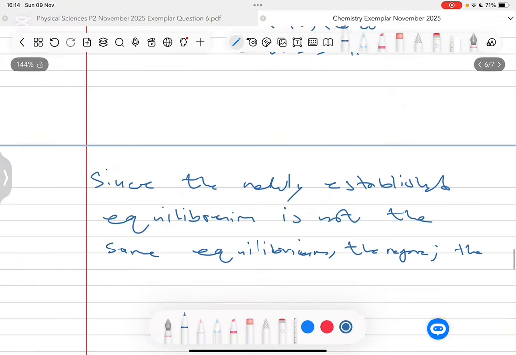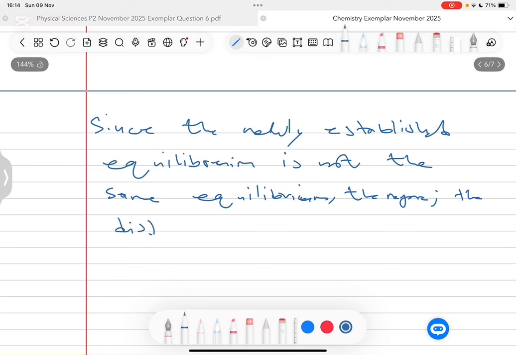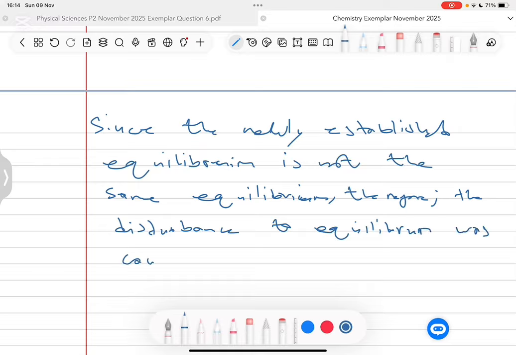Therefore, the disturbance to equilibrium was caused by the change in temperature.